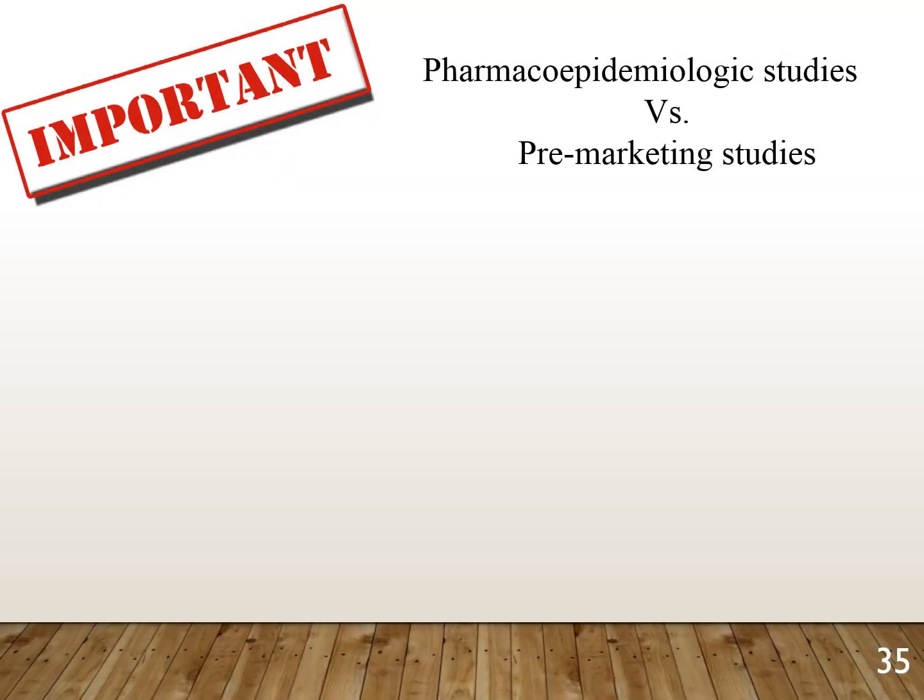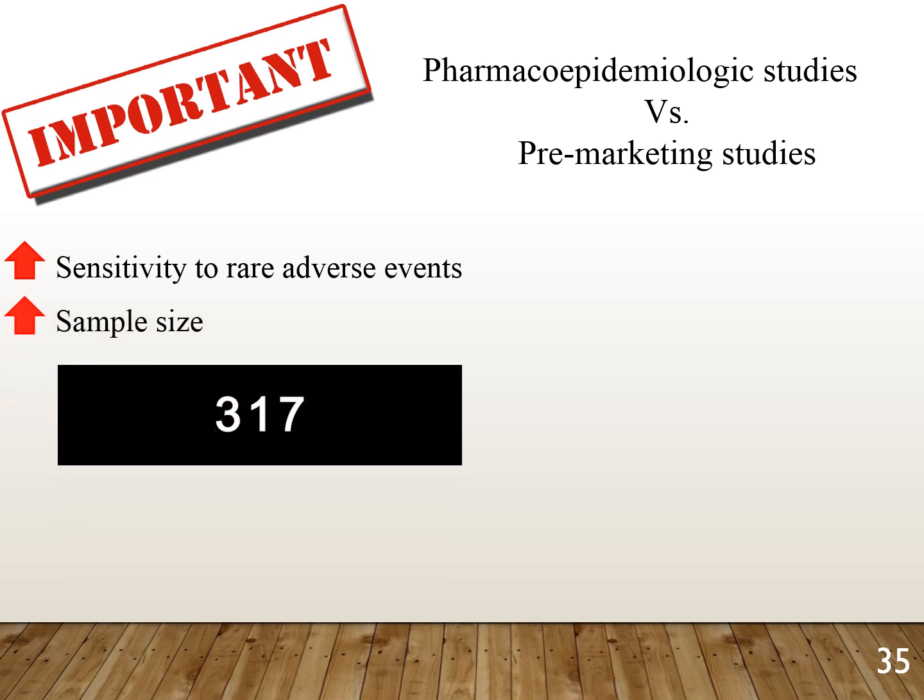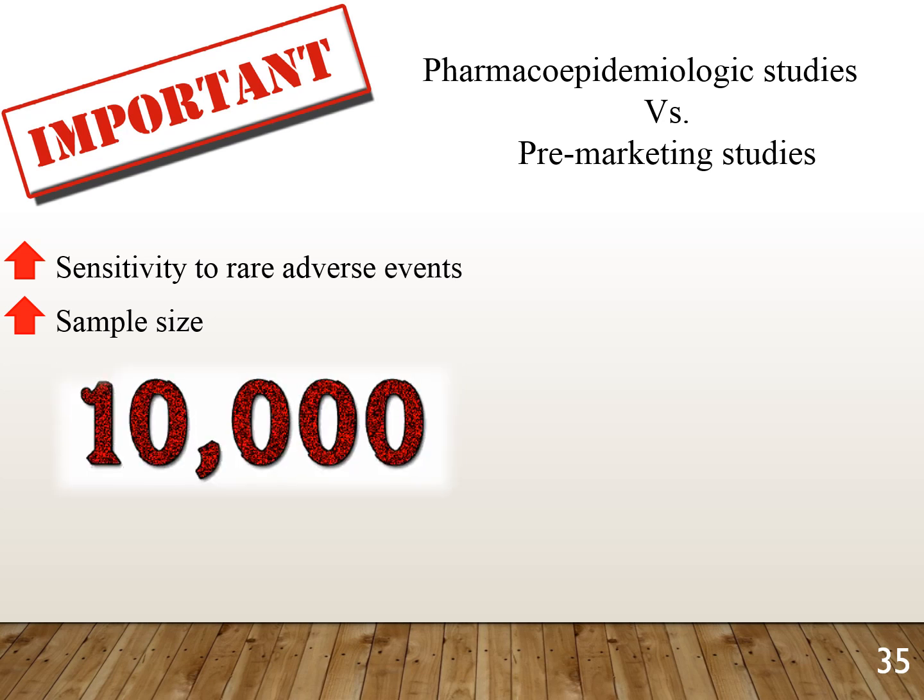Finally, there are two important issues to note about pharmacoepidemiological studies. First, they increase the sensitivity to rare adverse events due to their bigger sample size. Pre-marketing studies usually include a maximum of 3,000 participants, whereas cohort and case controls have a maximum of 10,000 participants.